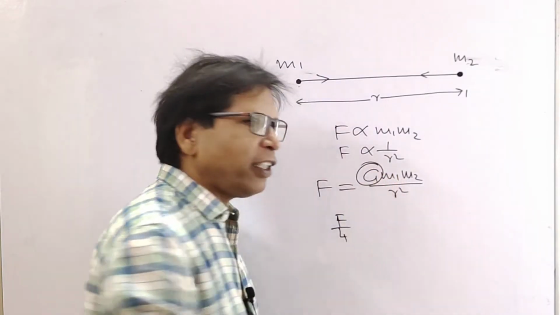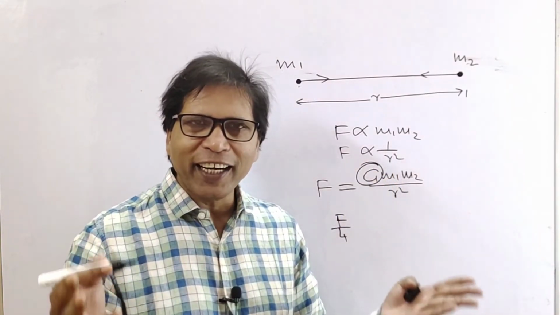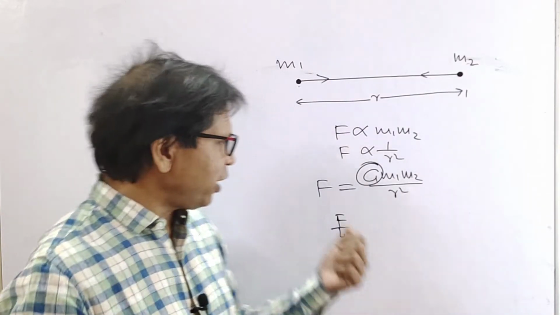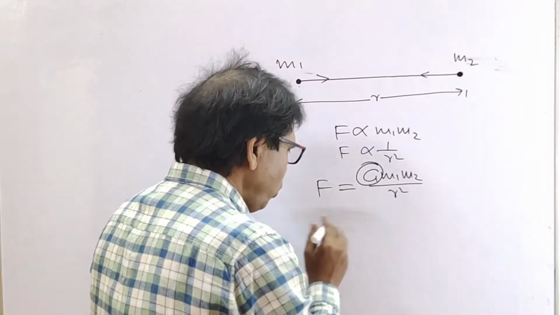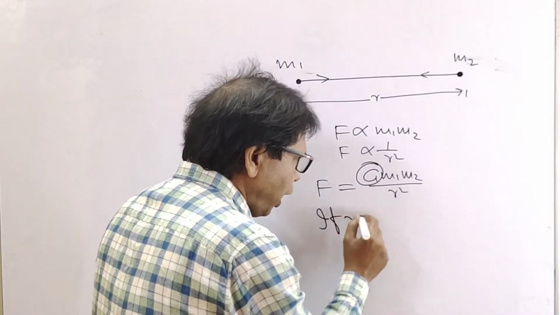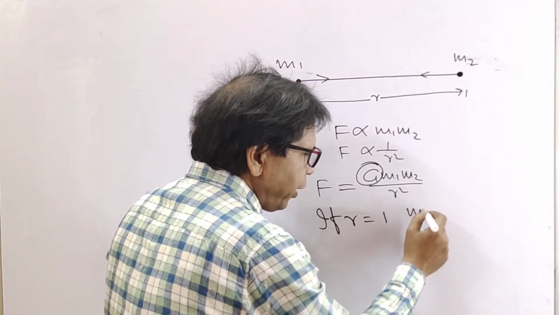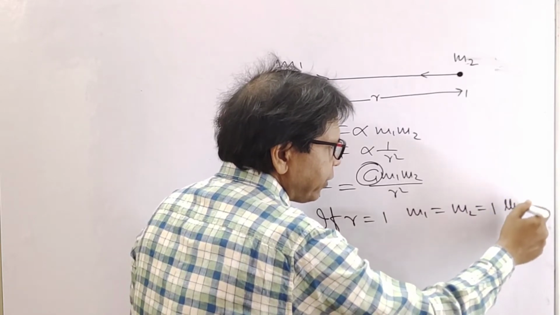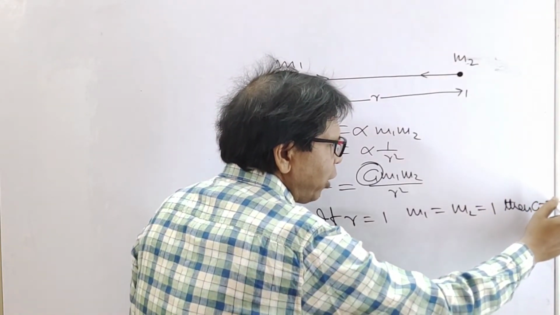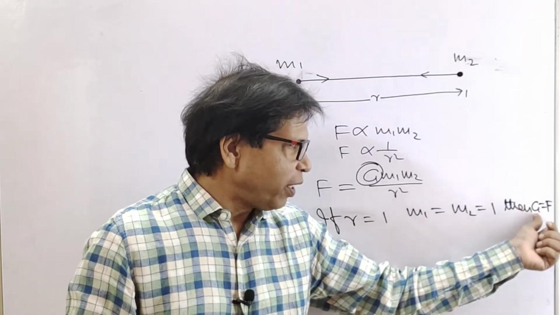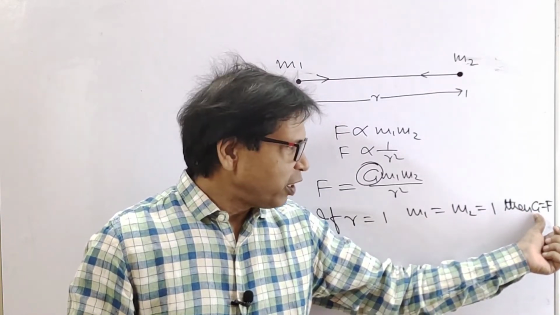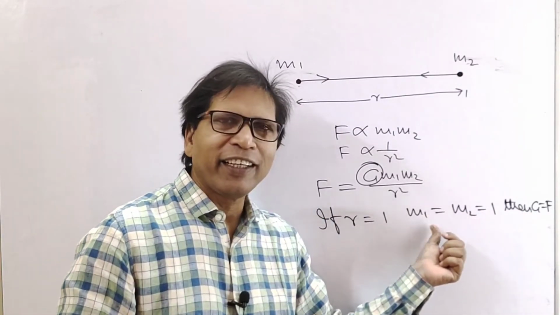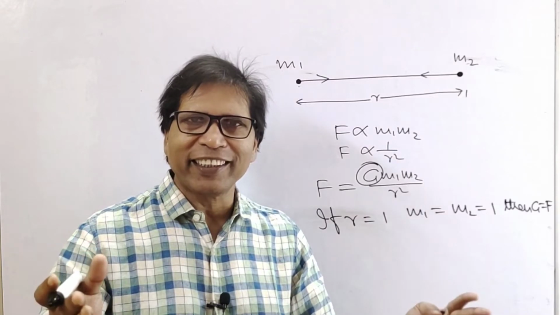The term capital G is called the universal gravitational constant. Now we define capital G with the help of this equation. If r equal to 1 and m1 equal to m2 equal to 1, then capital G equal to F. Therefore the universal gravitational constant is the force of attraction between two unit masses separated by unit distance.